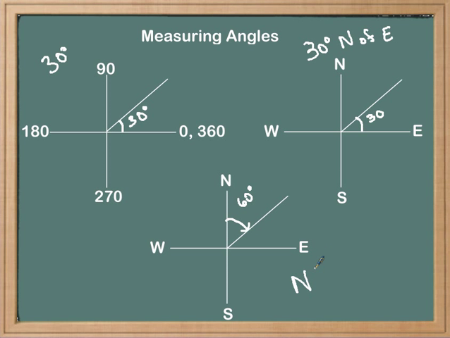So it's north 60 degrees, and then we determine is it going to the east or to the west. And in this case, it's going to the east, so it's north 60 degrees east. So whether we say 30 degrees north of east, or north 60 degrees east, we're talking about the exact same angle. It's just 3 different notations with which to describe it.